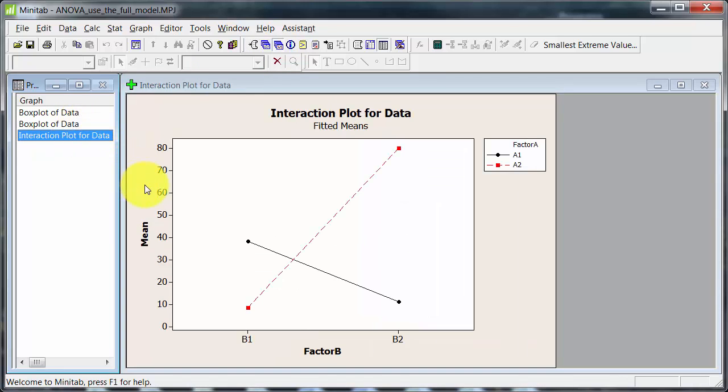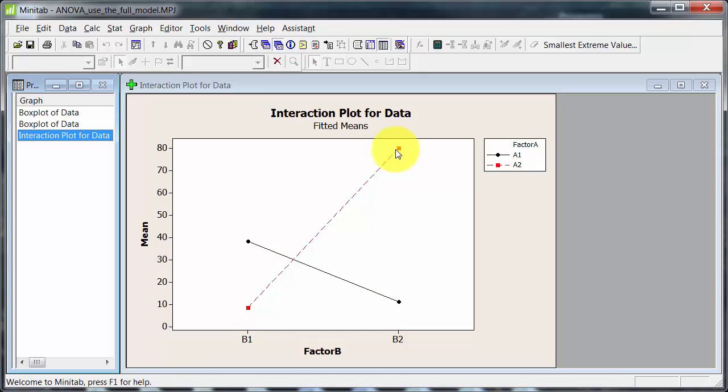Oh no. It very much depends what combination of factors we're looking at. For A1, B1 is larger by a good bit than B2. For A2, it's the other way around.